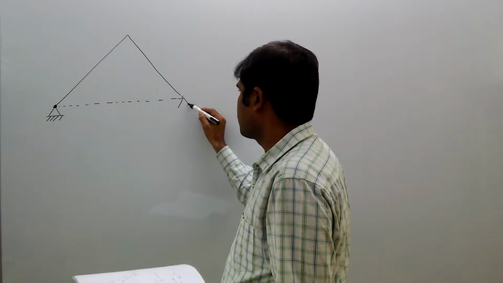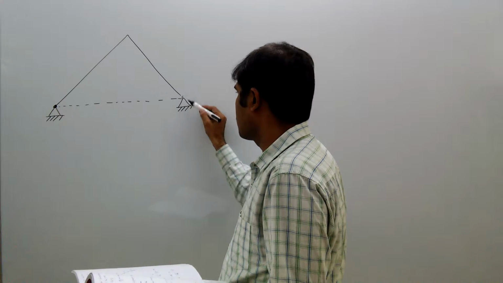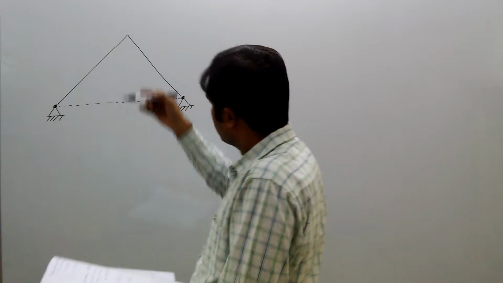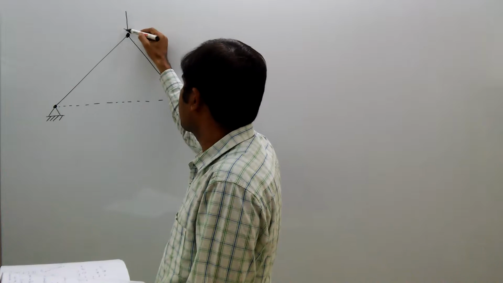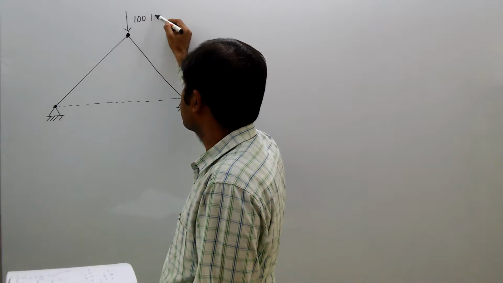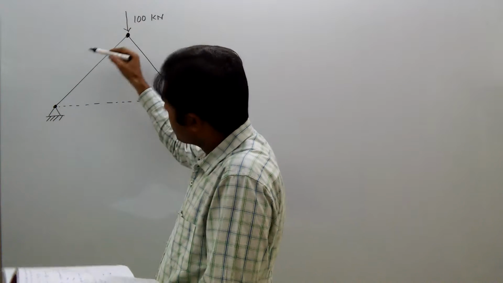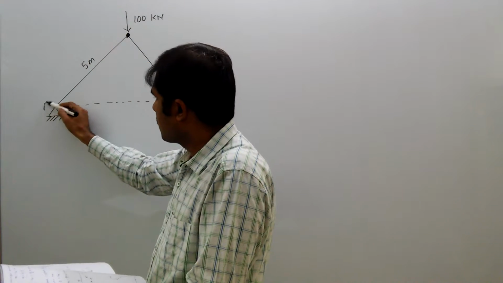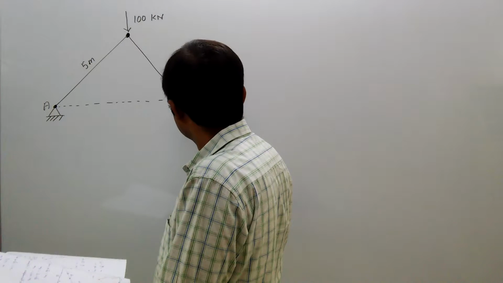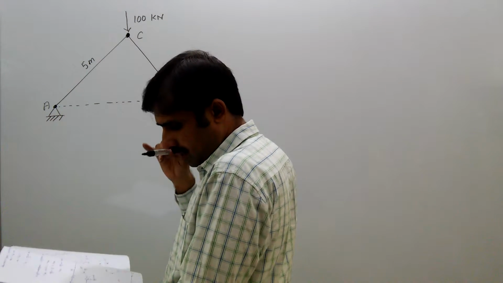The truss is like this. Here 100 kilonewtons is acting like this. Its length is 5 meters. This is A, B, C point.